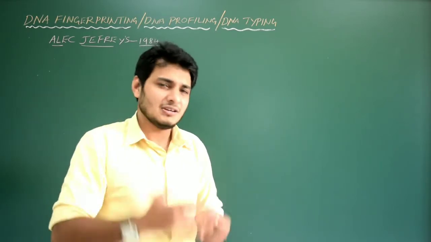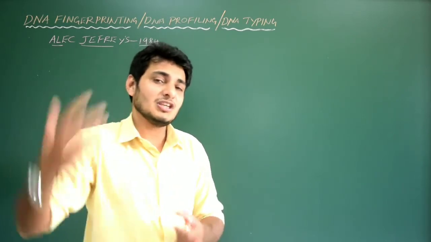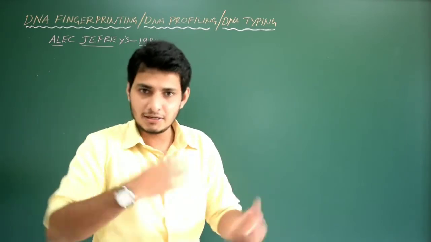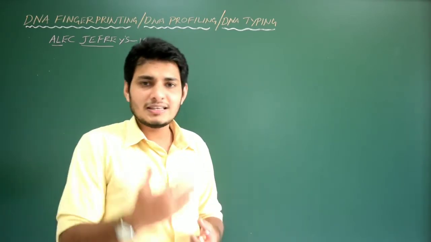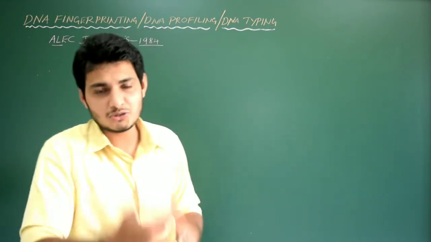Then they identify the sequence and match it with sequences extracted from other fecal matter. Based on the matching, they say this tiger is different, this tiger is different, like that. So that is the thing.